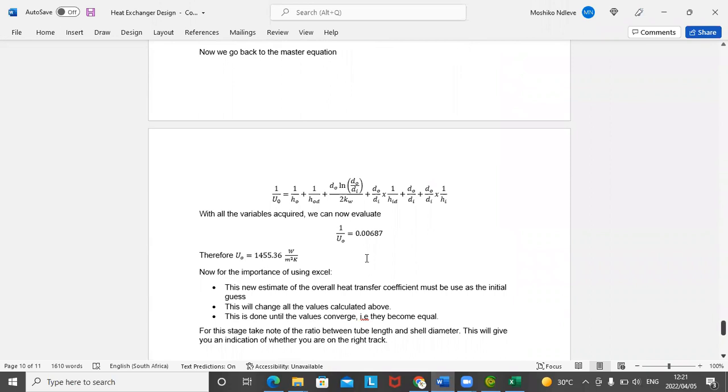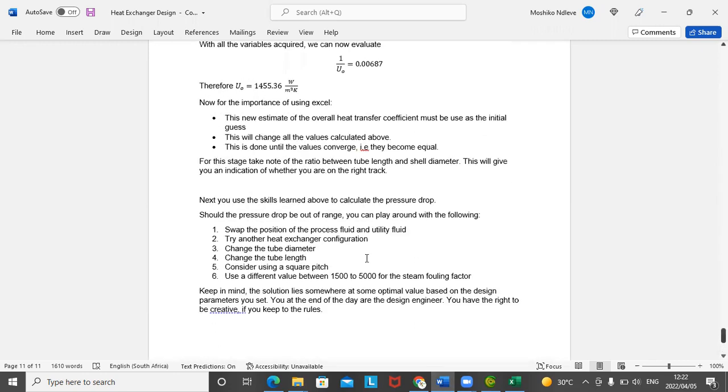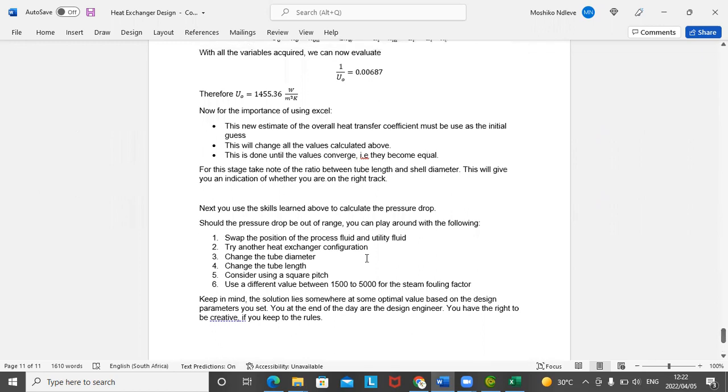It is quite important for you to use things like Excel, because it allows you to do iterative calculations quicker. And then what I'd like you to do now is to use the skills that you developed here to check, and you should then come back to the spreadsheet that we have. And these are the different ideas that you can use to see if it works.